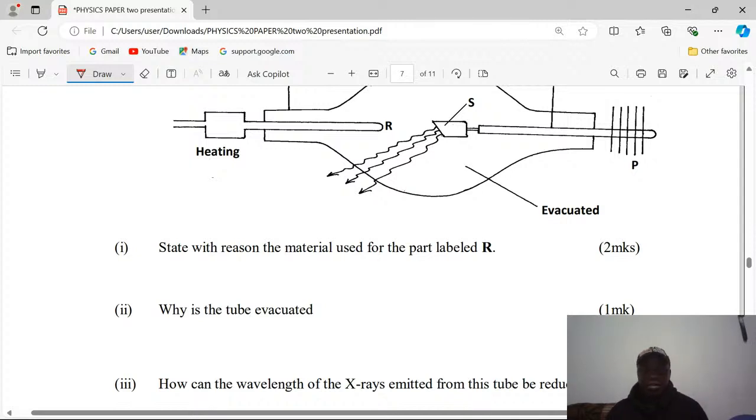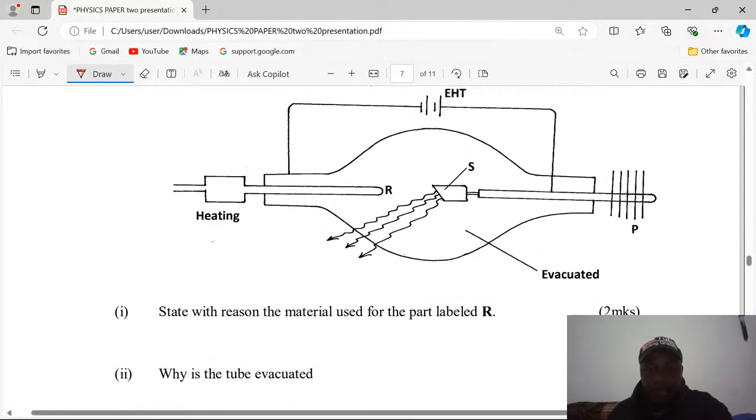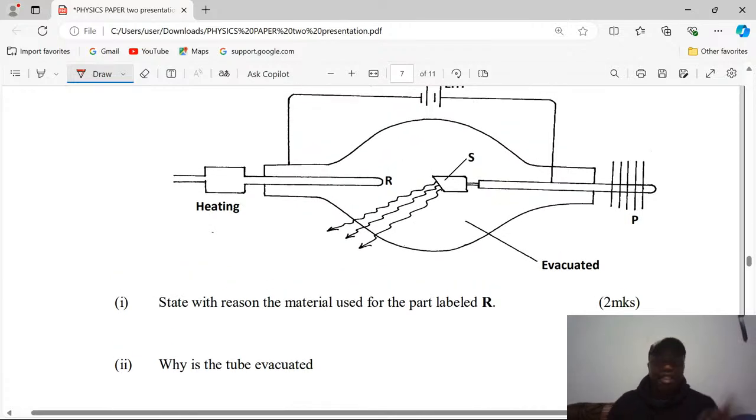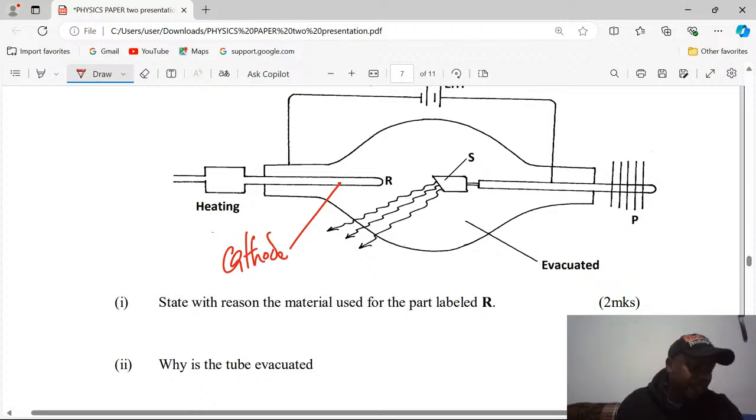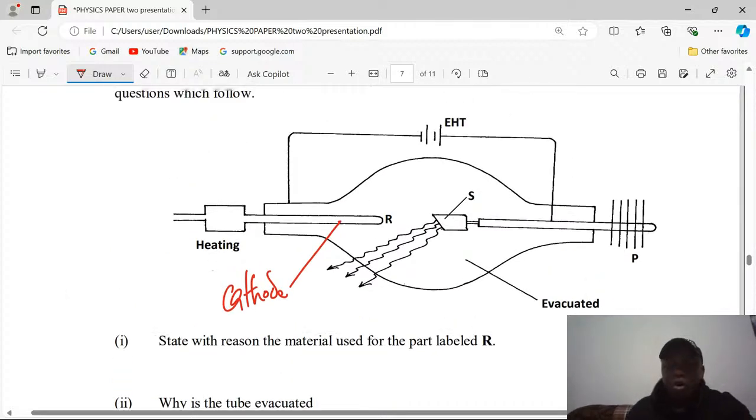Material used for the part labeled R. So for the part labeled R, mostly this is the cathode. It's good for students to know that this is the cathode. We call it the focusing cathode. So the focusing cathode is made of a material of low work function, so that when heating happens, it doesn't take too long to cause thermionic emission.